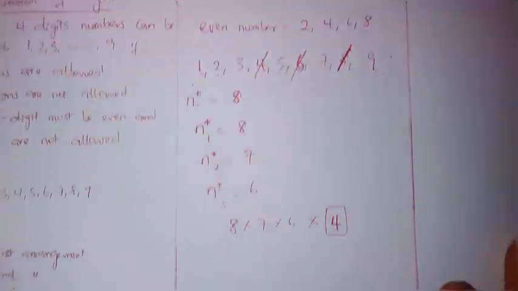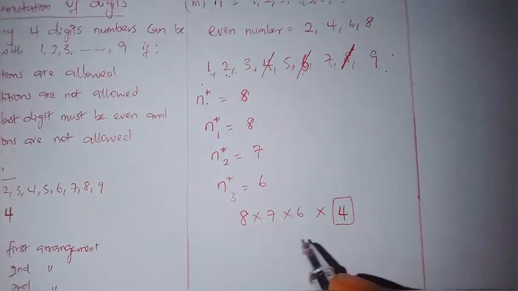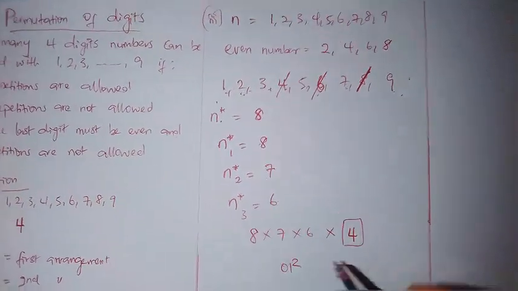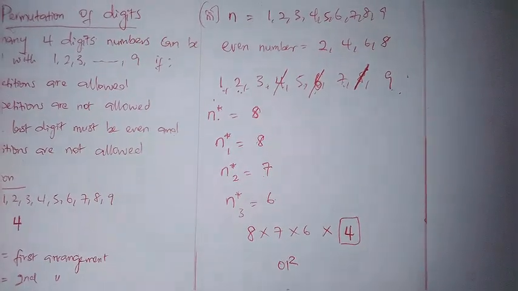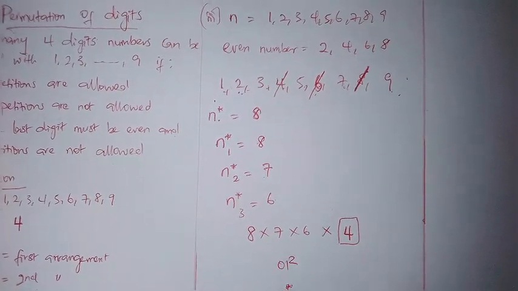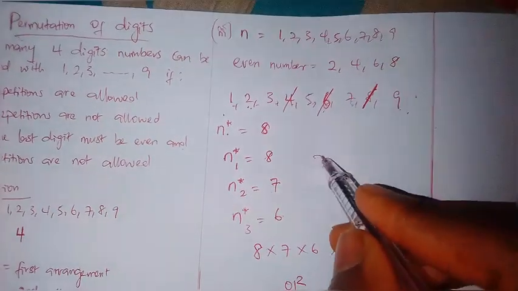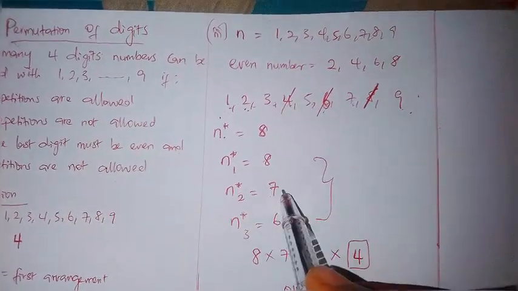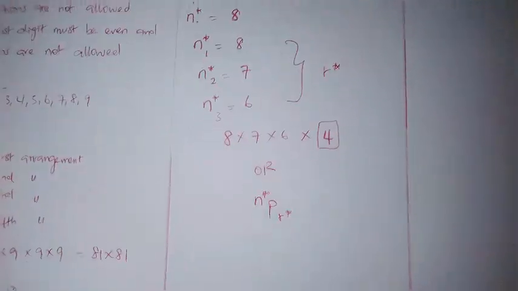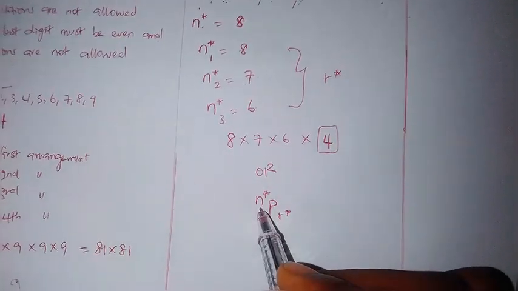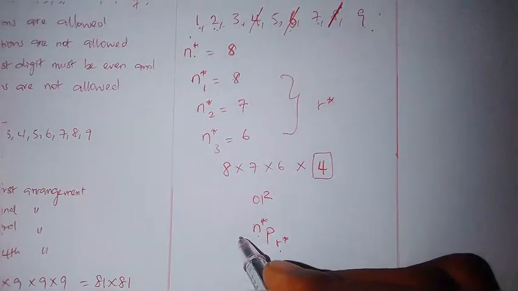So that's going to be 4 times these 3, or you can say my new n star becomes n star permutation r star. Now my r star represents these 3 of them. Okay, hope you understand. So that's n star permutation r star, times 4.